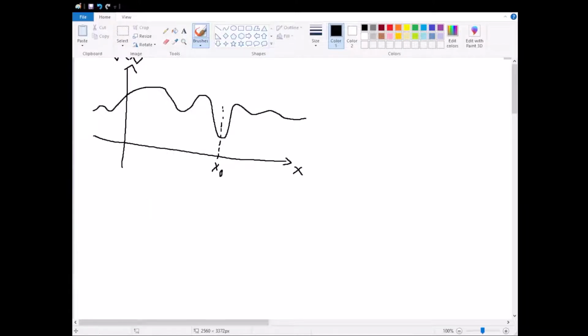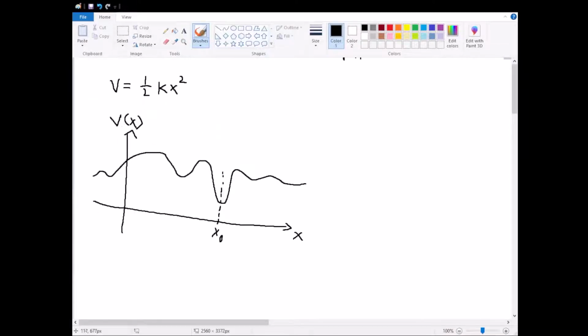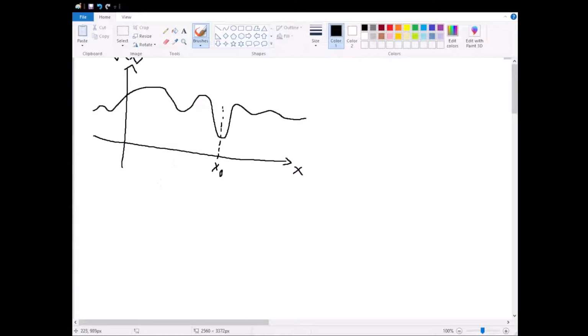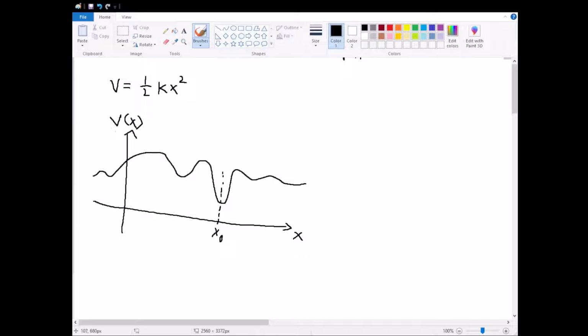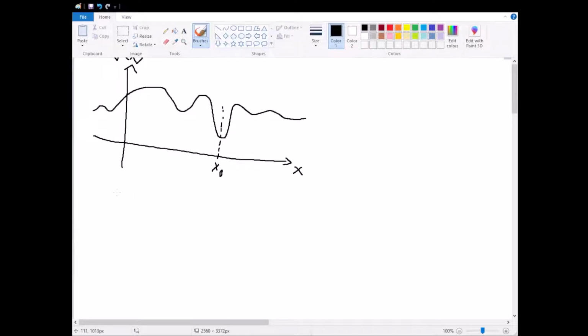So we start by introducing the Taylor series. Any function V of x that has any arbitrary shape, we can express as a Taylor series about some minimum x naught, which we've defined here.